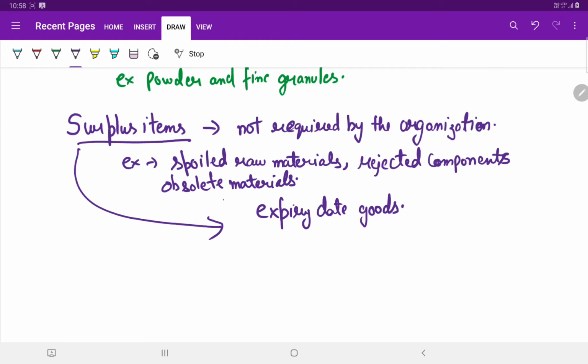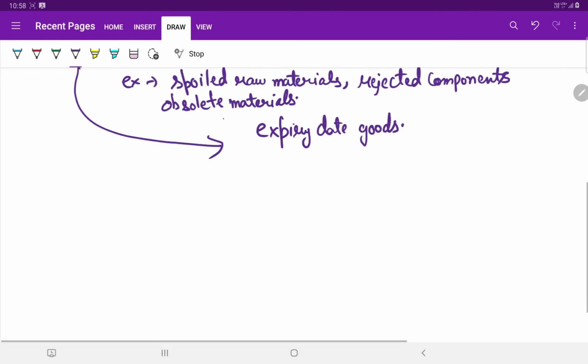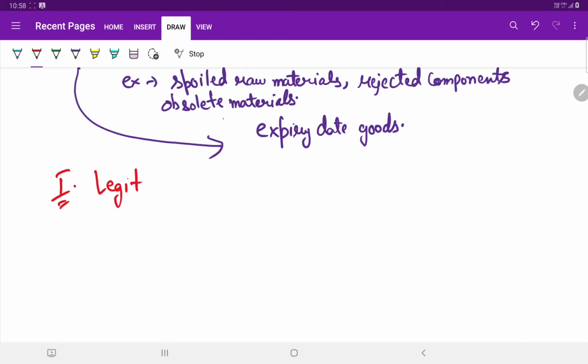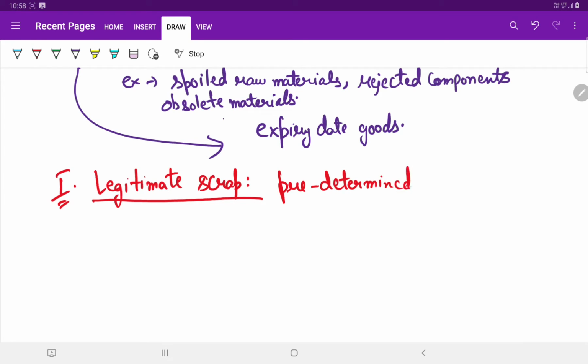So the scrap can be further classified into the following types. Number one is the legitimate scrap. Now this scrap can be predetermined or anticipated in advance due to manufacturing operations.